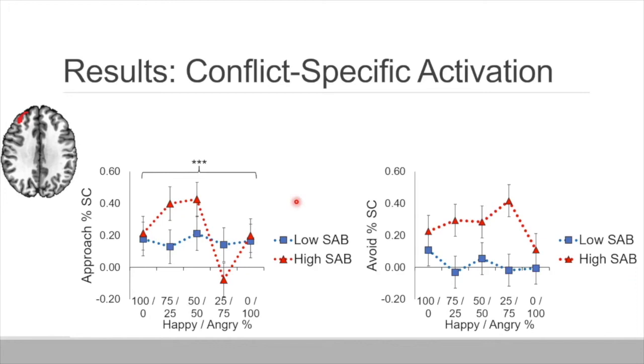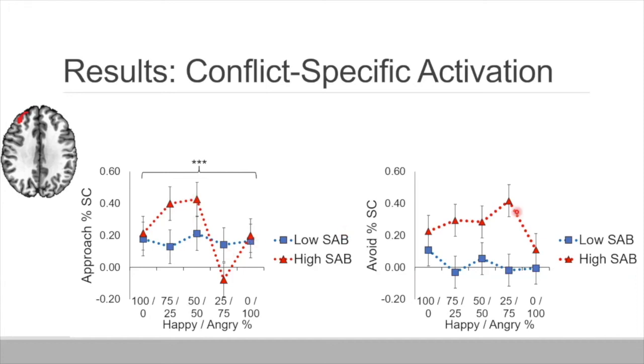In the approach condition, if you squint, and depending on how generous you want to be with your interpretation or your willingness to suspend disbelief, it's somewhat of a sigmoidal pattern, certainly not a clean one, but that's the closest approximation of the shape, at least in my view, where you have this maximal between group difference at happy 75, angry 25, and then happy, angry 50-50 condition before it drops back down on the threat side.